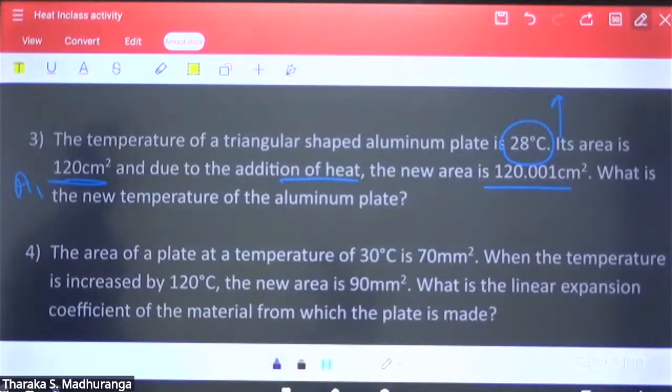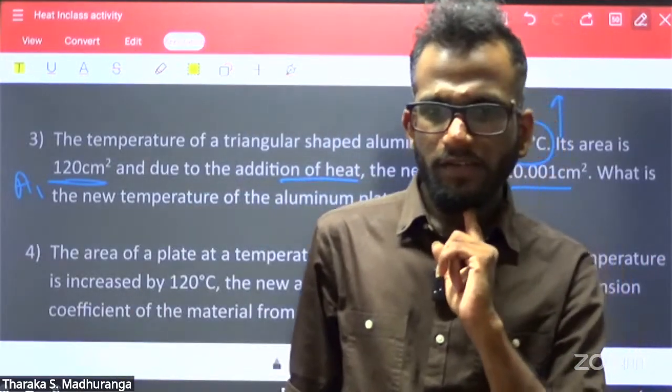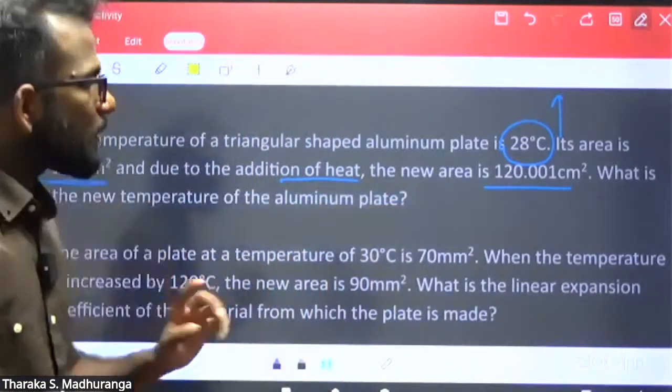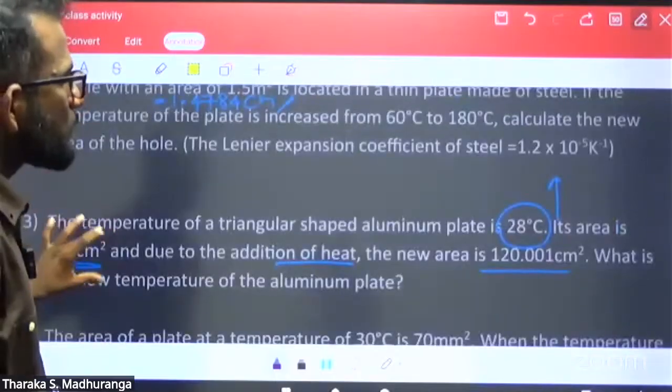There is a problem here. The alpha is not given. Have you got these values without alpha? Yeah, there is a mistake. Without the alpha value, you can't do this question.